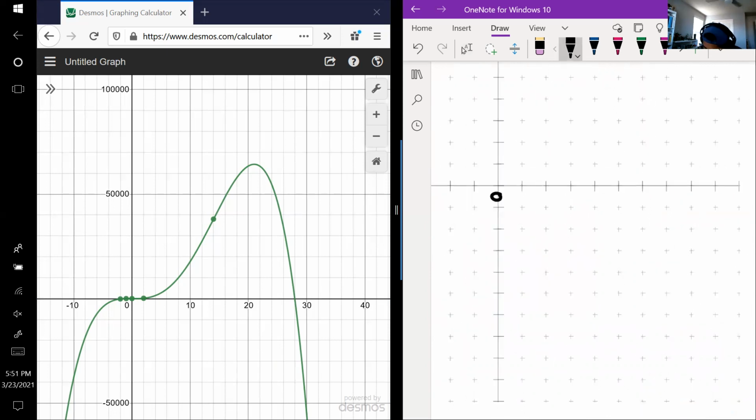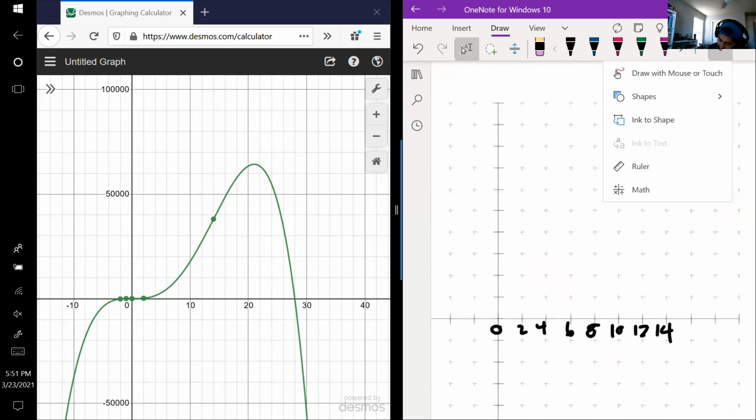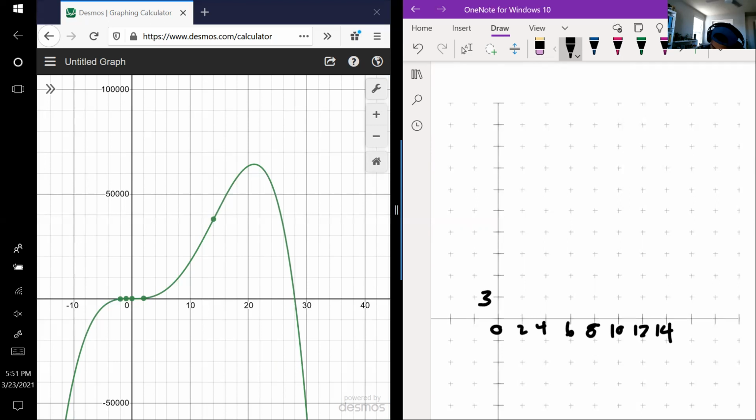And I can go by twos: 2, 4, 6, 8, 10, 12, 14. And then this is going to be fun. I'm just going to say that this is 3. And this will be 38,000. Because again, it's just a sketch and it doesn't have to be perfect. So my 2 points are (0, 3), which is going to be right there, and then (14, 38,000).